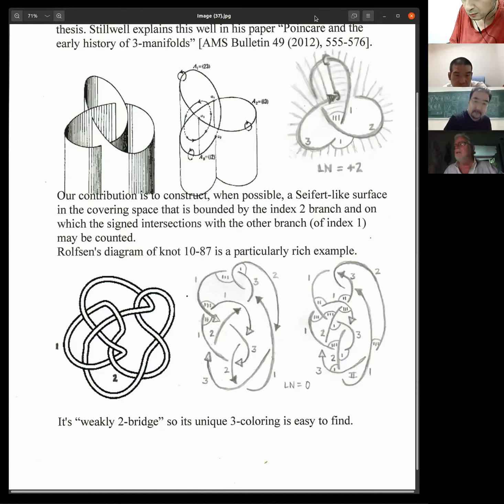He had a student named Bankwitz who sat down and did all the horrible algebra to figure out how to calculate them for 2-bridge knots. Bankwitz's paper appeared 2 years after Reidemeister's book, so there never was any decent sourcing of it as being the explanation for what Reidemeister says at the end of his book.